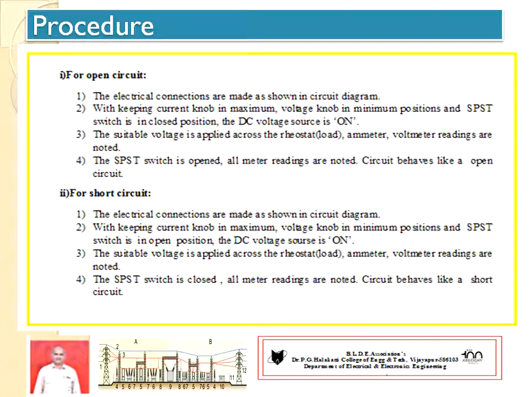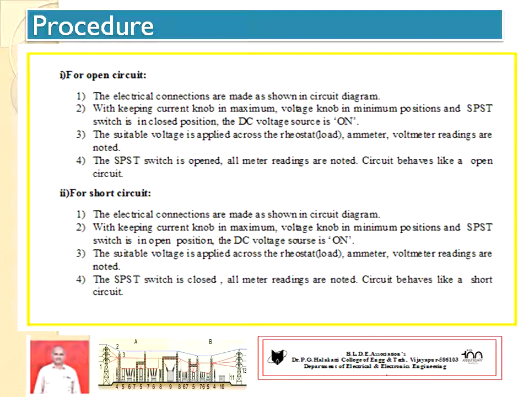Number 1. Then what is the initial condition of the equipment? With the current knob at maximum in the regulated power supply, voltage knob in minimum position, SPST switch in closed condition, DC power supply is switched on. Third step, the suitable voltage is applied across the circuit.